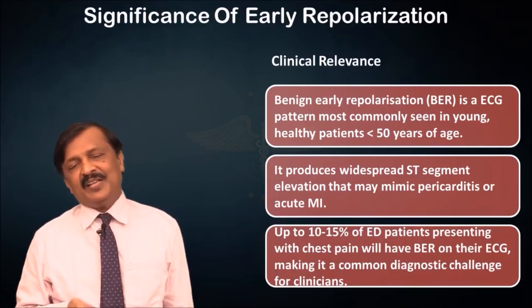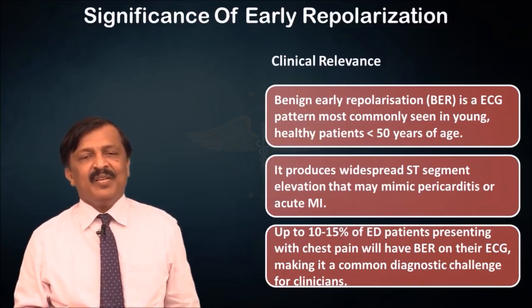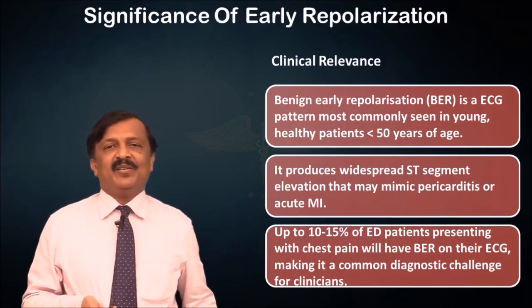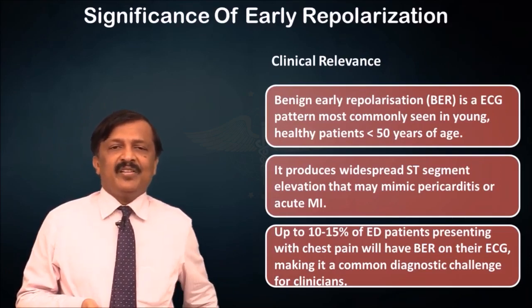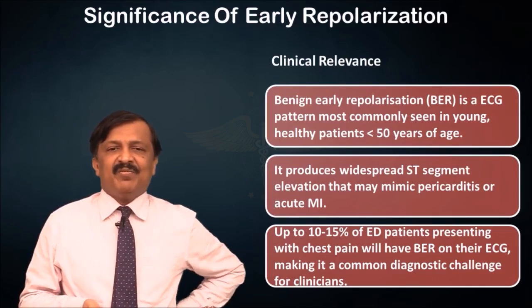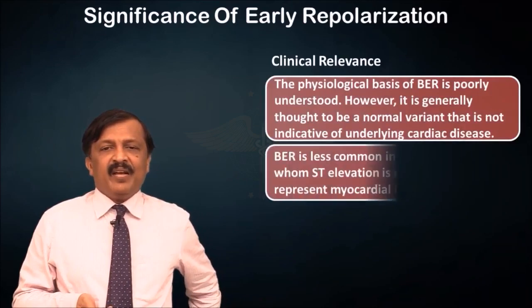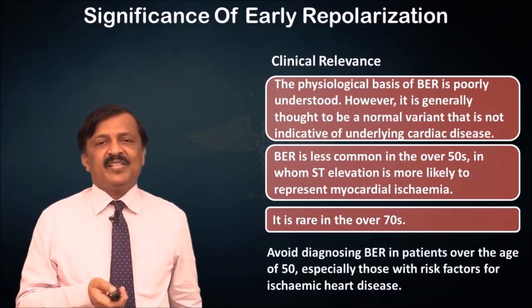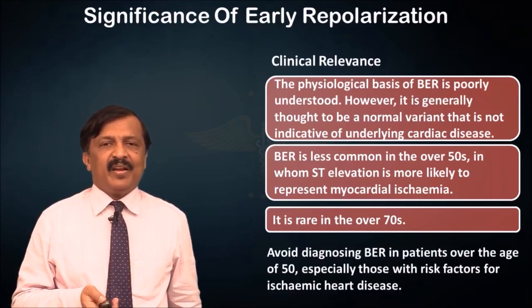In many hospitals there are instances where early repolarization has been thrombolyzed or taken for angiogram, and found that everything is normal, there is no myocardial infarction. So it is important to realize that there is an important differential diagnosis, with sometimes over-diagnosis and thrombolysis of patients because of chest pain and ECG evidence of early repolarization. It is less common above the age of 50 years, and it is important that we remember the differences between early repolarization, pericarditis and myocardial infarction.